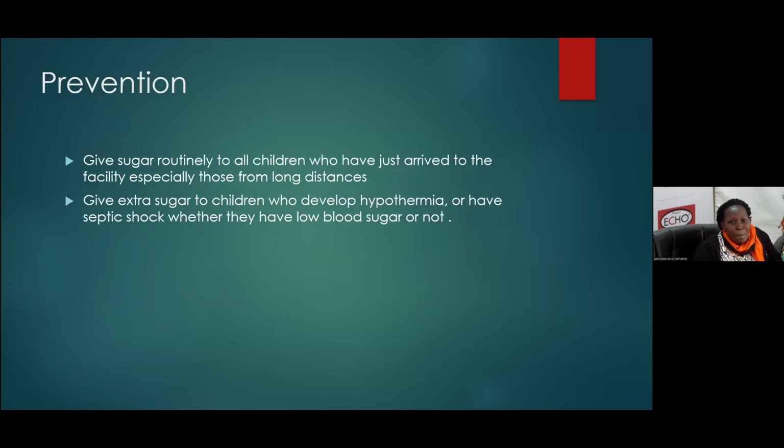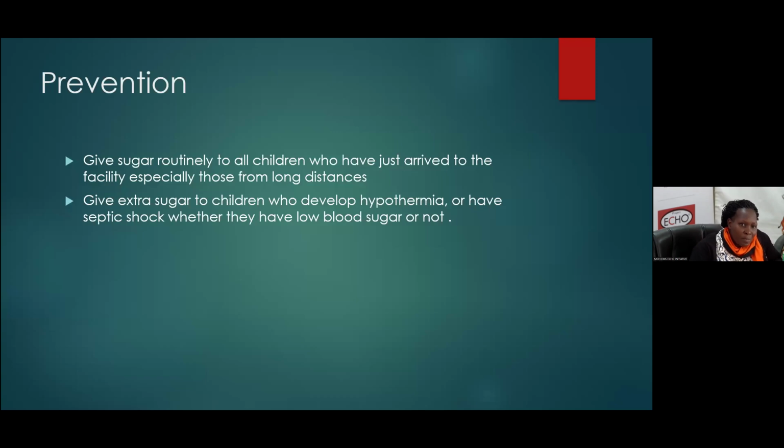Next. Prevention. Any child who appears at the malnutrition unit, our IPDs or our OPDs, let's try to give them sugar. Like I said, you do not need a complex thing. You just need 1 round tablespoon of sugar, add it to 50 mils of water and give this child to drink if they can drink by mouth.